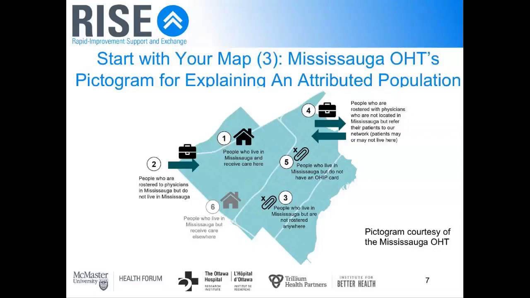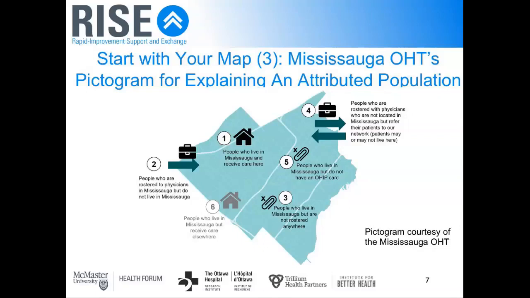Mississauga has 1 large hospital that is one of the largest hospitals in Ontario. And it serves not only the people that live in Mississauga, but also many of the people in the surrounding area, either with core services or many of its regional programs, such as cancer, renal, stroke, and so forth.